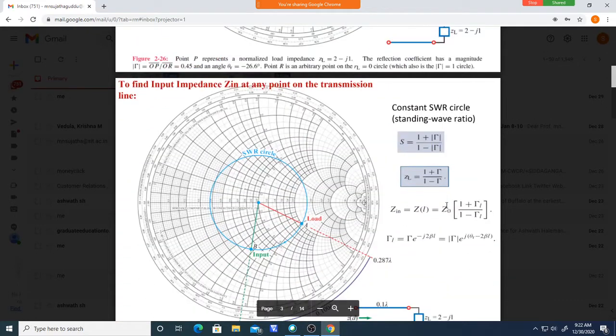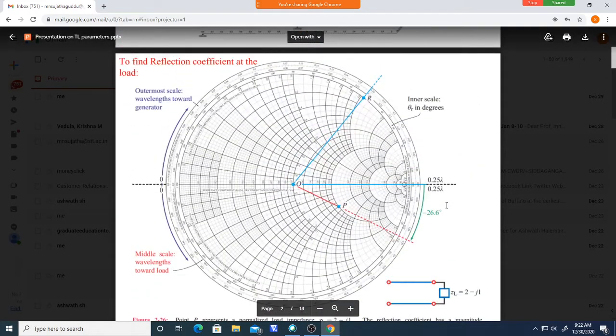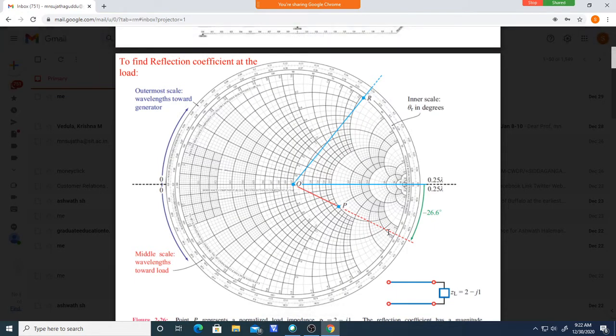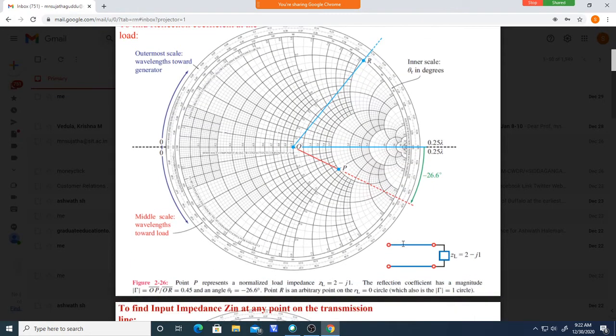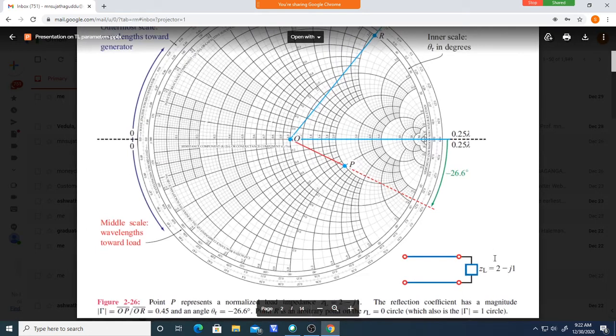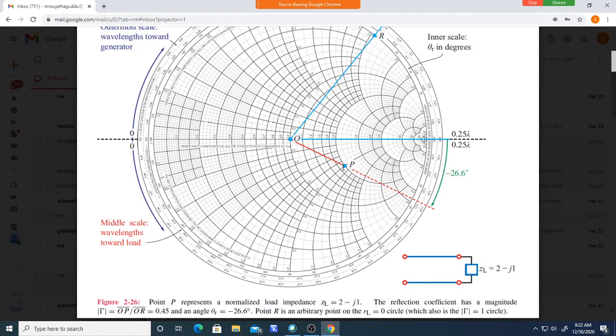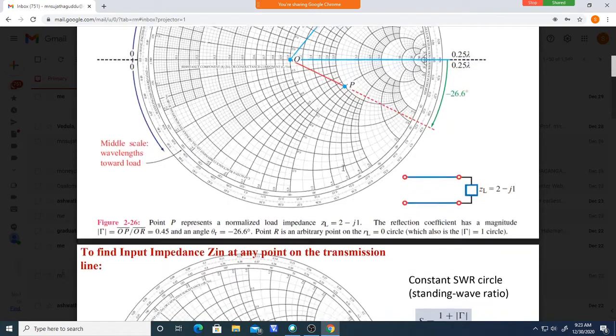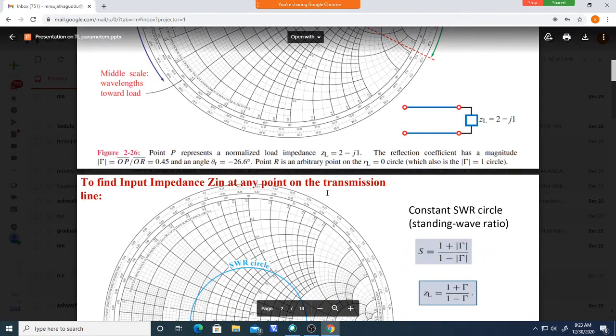So that is about measuring the reflection coefficient from the Smith chart. If they ask you to find a reflection coefficient, you mark the load, and from the load point you can find the reflection coefficient. That is the procedure.